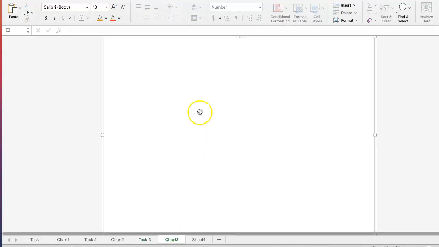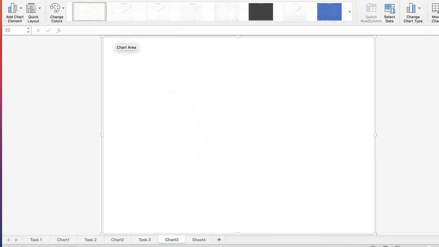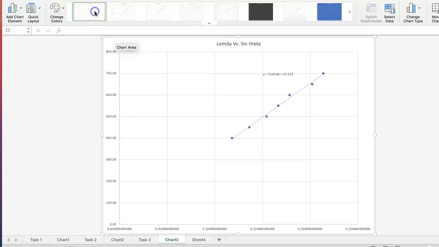I will also have the graph here. We are going to fit it to a straight line and use the trend line to calculate d, the spacing between the slits of this diffraction grating. You are also going to calculate the percent difference.